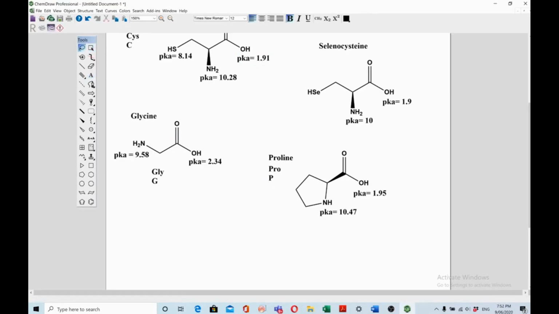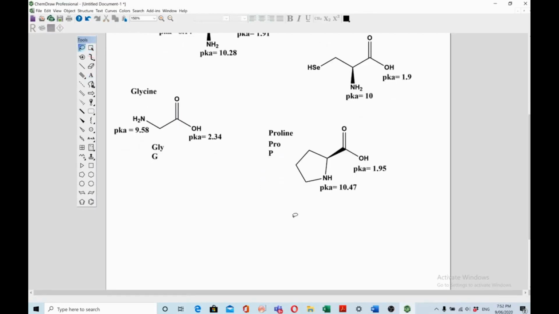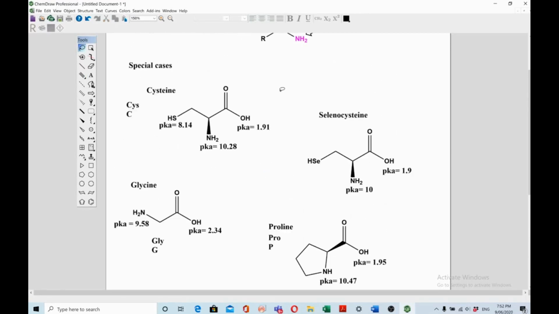Okay, proline, P. That's it. These are the four amino acids. I forgot to mention that selenocysteine is second, and U is its one-letter code.